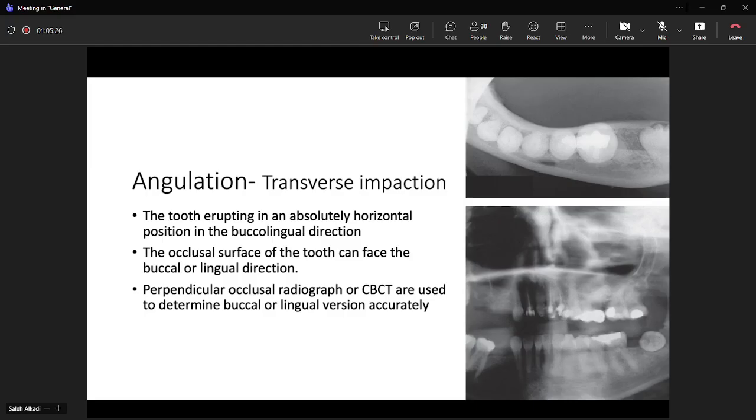To see exactly whether it is on the buccal or lingual side, you can have a CBCT or request an occlusal radiograph to determine the buccal or lingual version accurately. It won't make that big a difference. Once you open the flap and remove bone during the procedure, you will see immediately whether this tooth is buccoversion or linguoversion impacted.